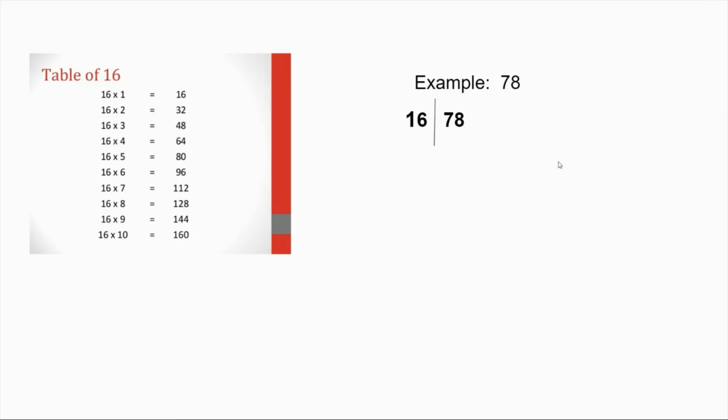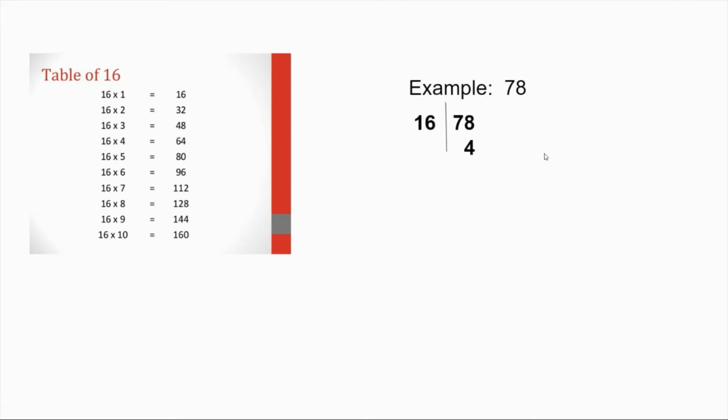So here we have 78, we write it here, and then we divide it by 16. We look at the table for the closest number that is not more than 78, which will be 64. And that will be 16 times 4 is equal to 64.